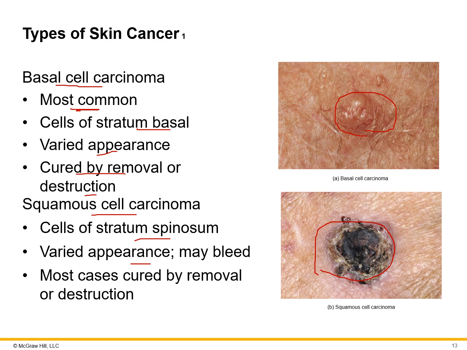But in most cases, same as the basal cell sarcoma, it can be cured by removing and destroying those cells. Scraping them off, getting underneath, ensuring they've gotten all of those cells, and it cures it. They're completely gone, and no other cells are remaining. So physical removal is the best treatment.